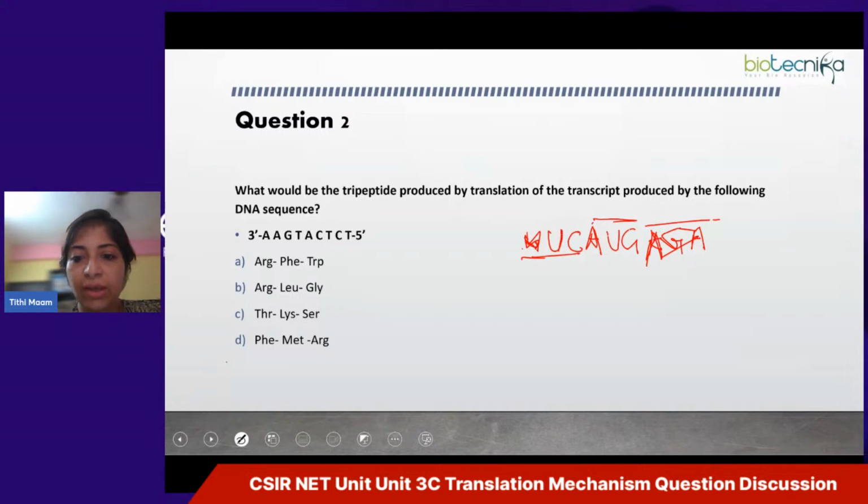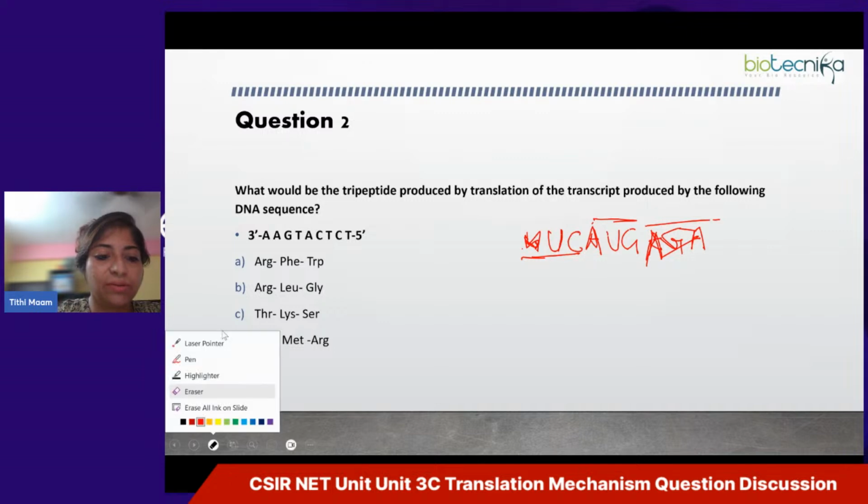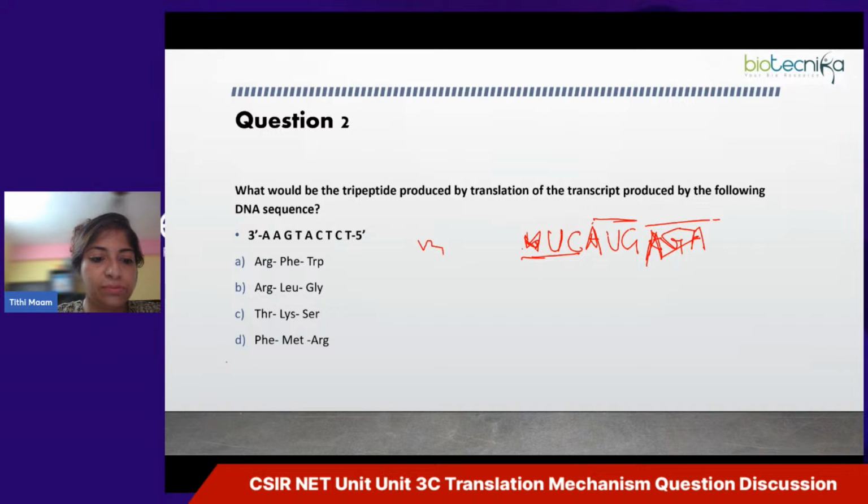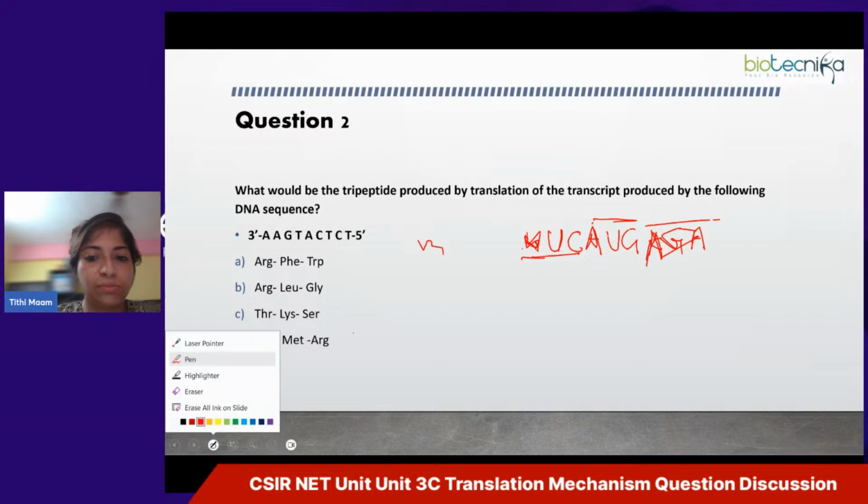Mostly people have already given the correct answer. So this is the mRNA sequence.